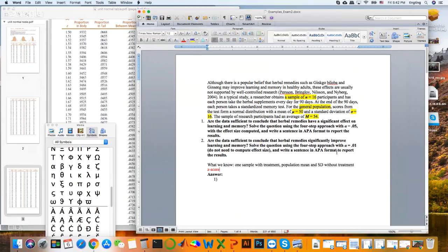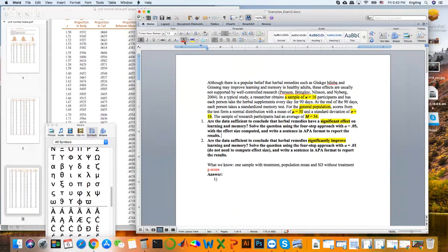So what's the difference between these 2 questions? Most of the words are exactly identical, except these keywords. In question 1, it asks whether or not there's a significant effect. In question 2, it asks whether or not it's a significant improvement. A significant effect is a non-directional question, but whether or not it's a significant improvement is a directional question.